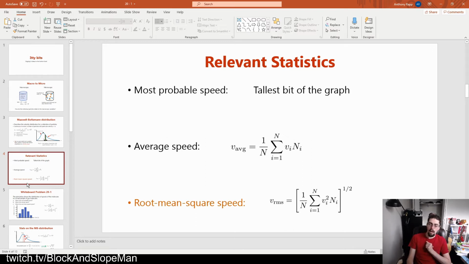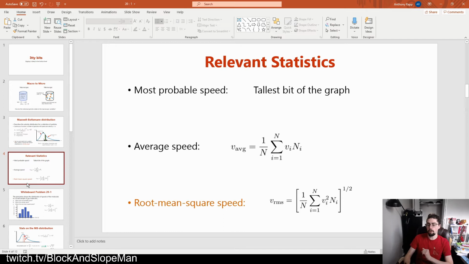If I imagine that the average speed is a weighting function, where I weight every particle by what its speed is, and then I sum up all of those things and divide by the total number of particles, I've got an average speed somewhere right in the middle.